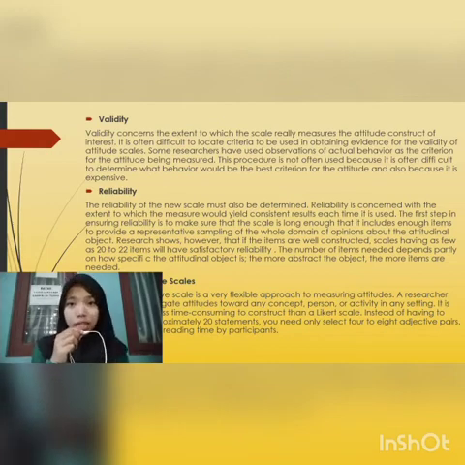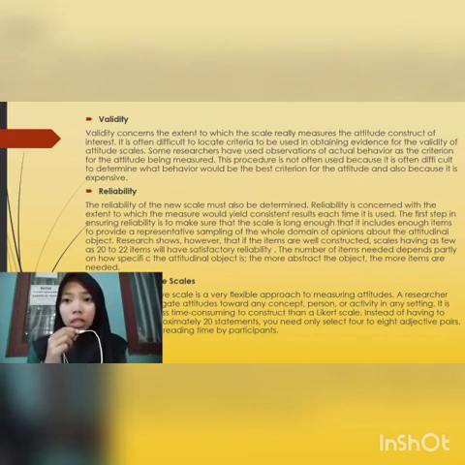And number 3 is reliability. The reliability of the new scale must also be determined. Reliability is concerned with the extent to which the measure would yield consistent results each time it is used.